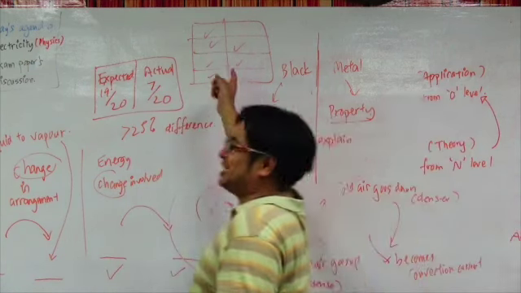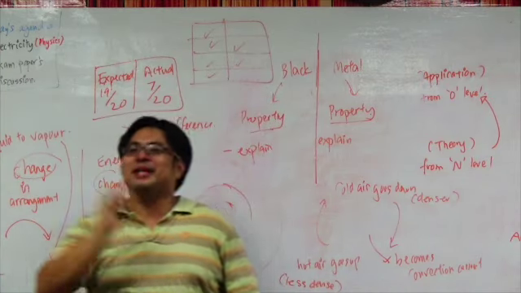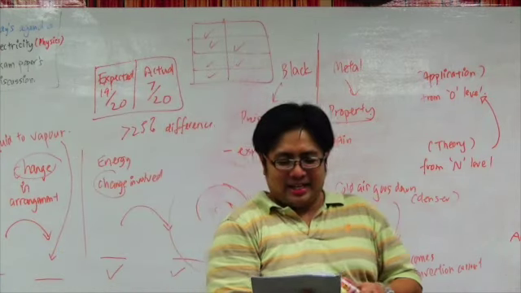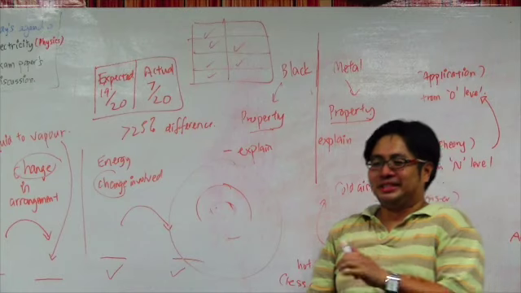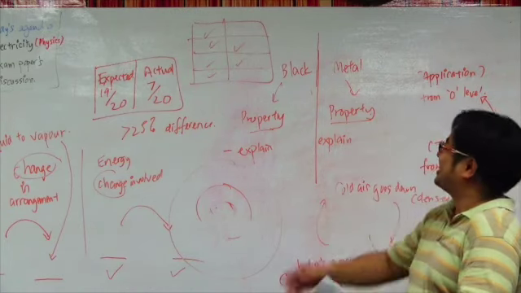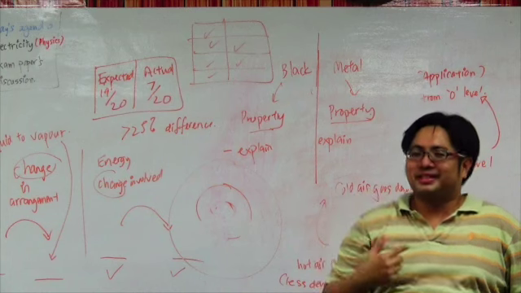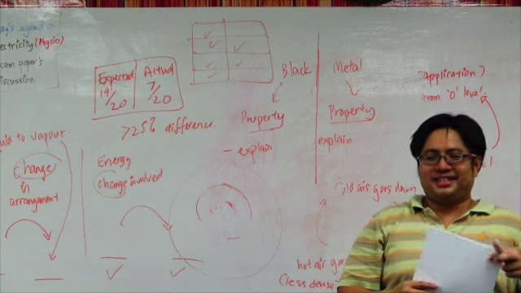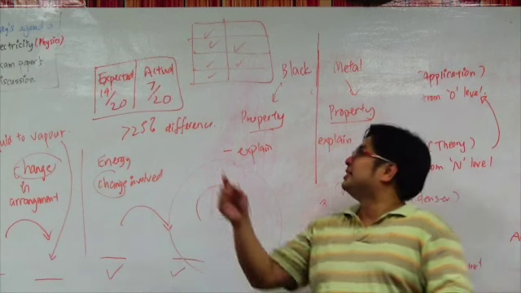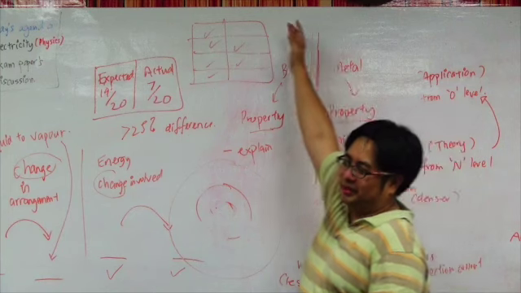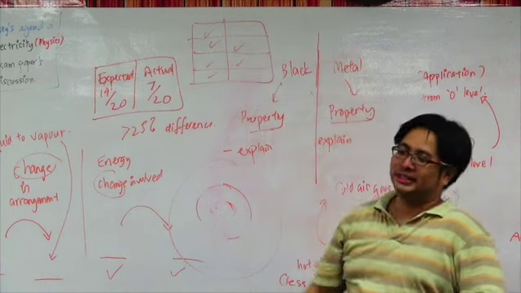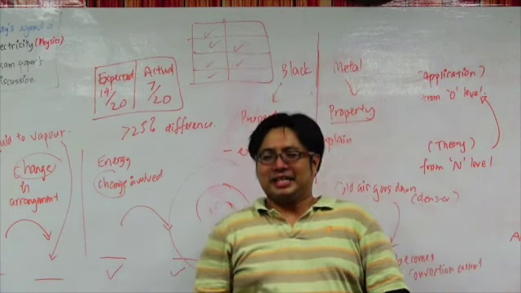Okay, let's just say I'm the examiner. I tell you to complete the table below, and then what you do is you tick. What does it tell me about your work? Let me just tick. It means you can't be bothered.